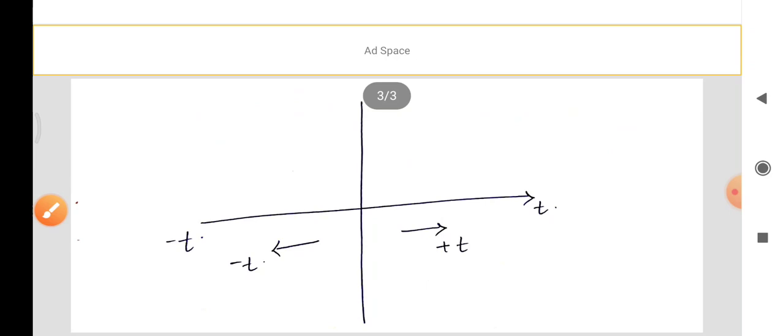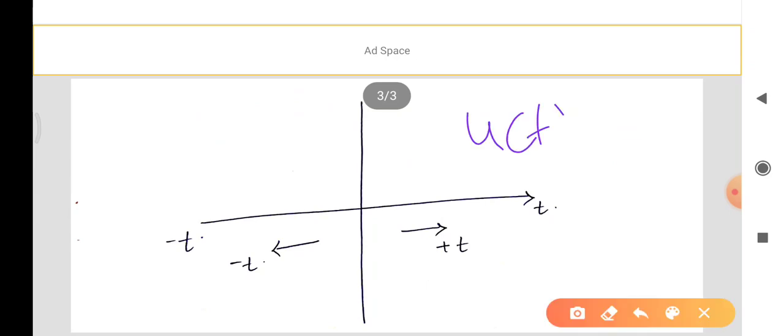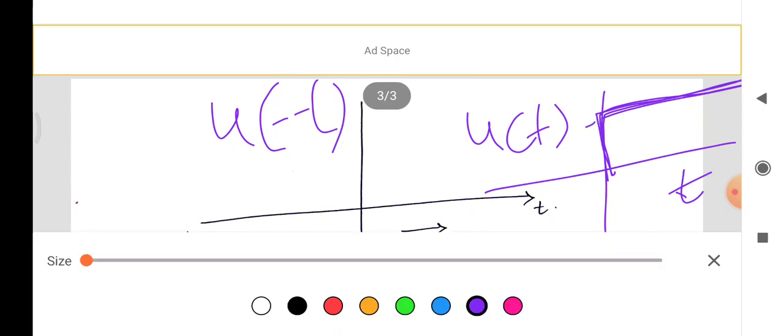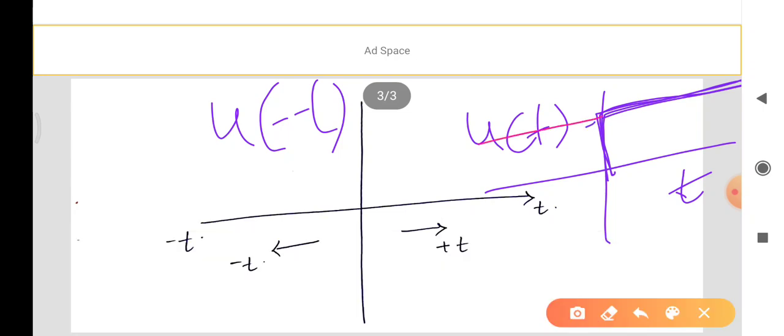I'll repeat again. U of t we know is a positive time signal, which gives us a positive signal at t seconds. Suppose they ask us to find u of minus t, then this signal has to be on the minus side, same magnitude, one magnitude only, but with the opposite direction.